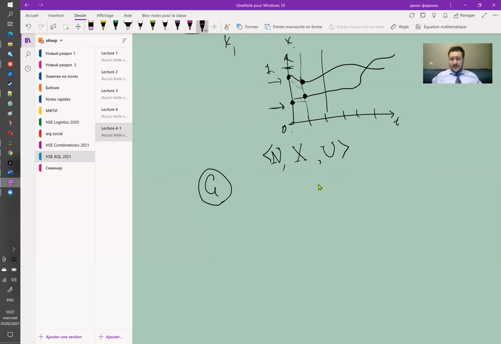It's like a game, so there is some kind of ambiguity. I use G for graphs and G for game. This one is a graph, and here we have a game. So it's some kind of game on graphs.